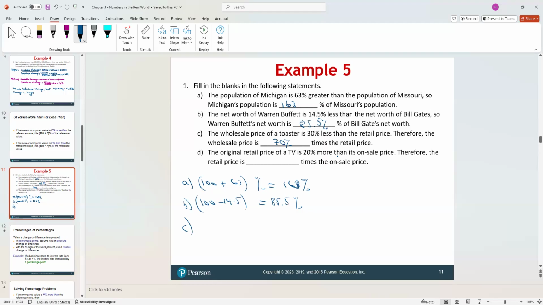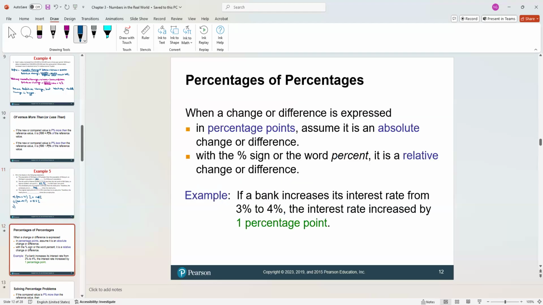Percentages of percentages versus percentage points versus percents. It's very important to see that. Percentage changes or comparisons can be particularly confusing when the values are themselves percentages.